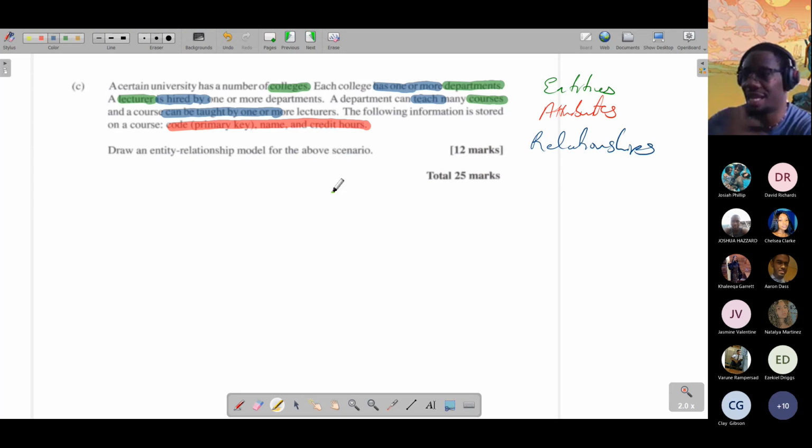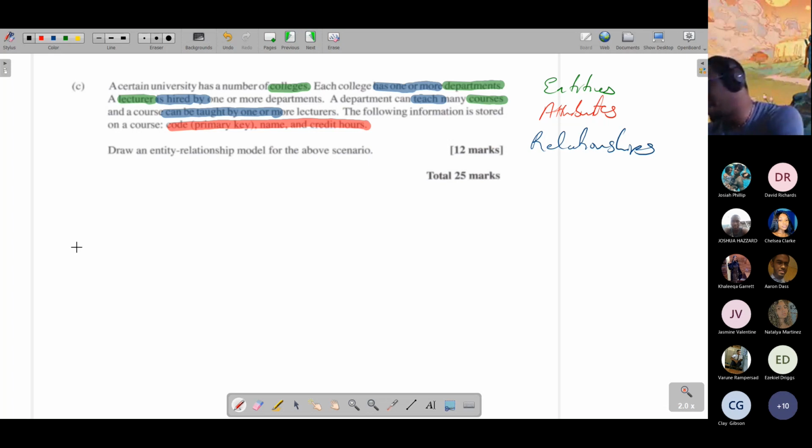This is where we can see some sort of interaction between two entities. So now we could draw our database diagram, our entity relationship diagram.